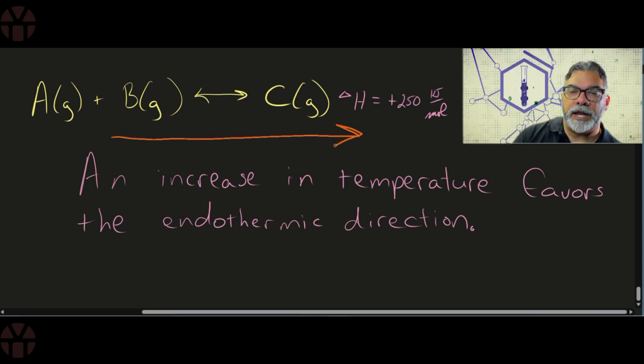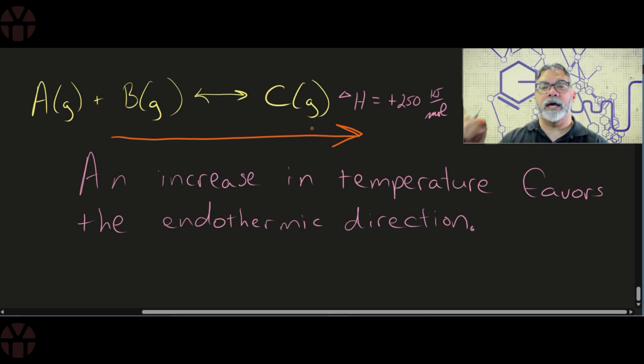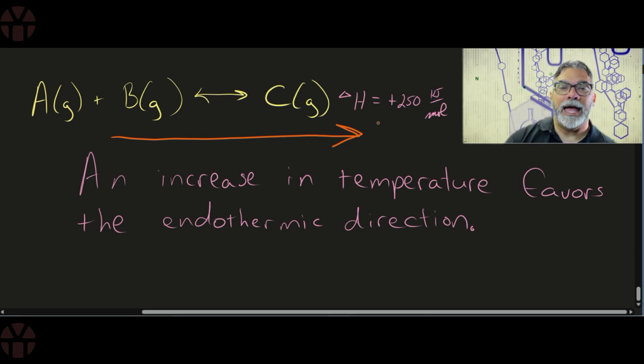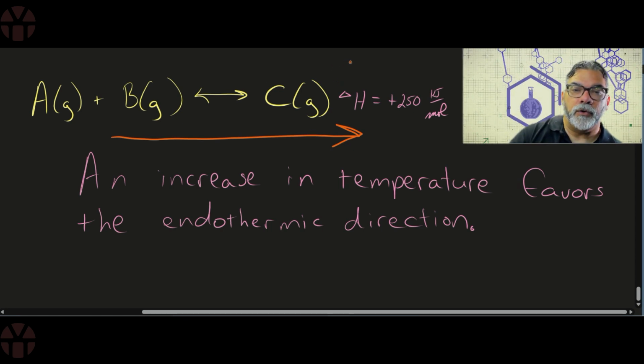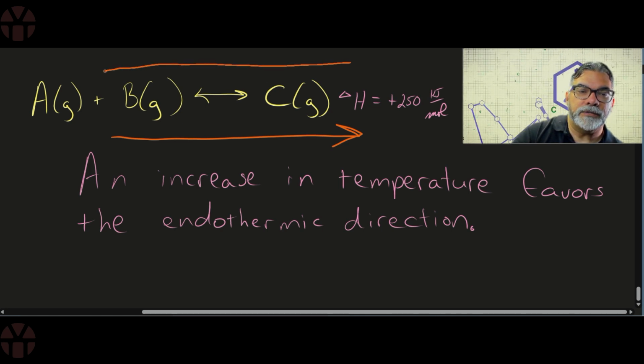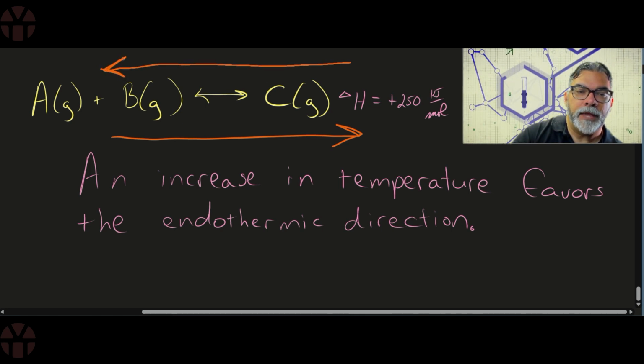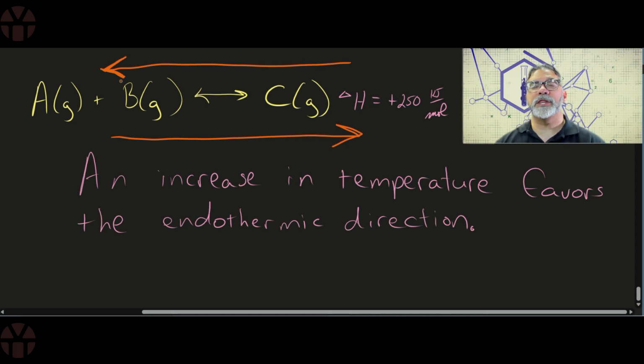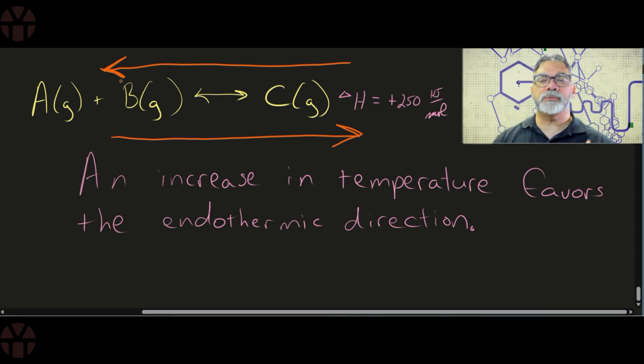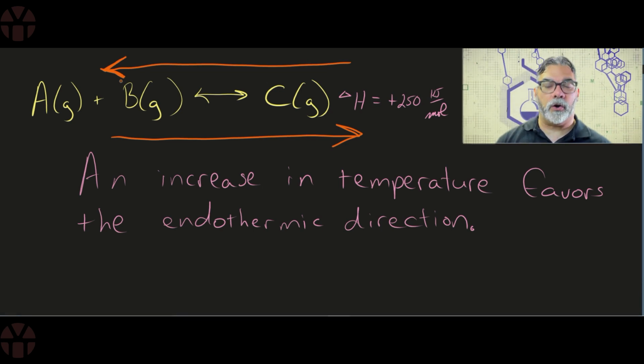I'm going to draw an arrow going from left to right, and then an arrow going from right to left. These arrows represent the direction in which my reaction is occurring.